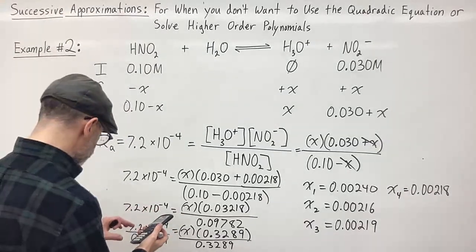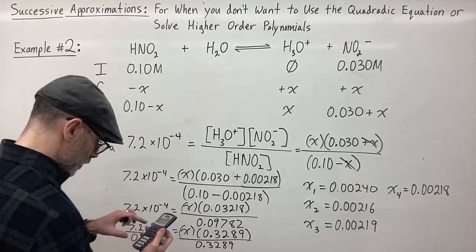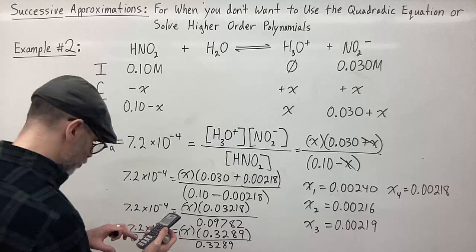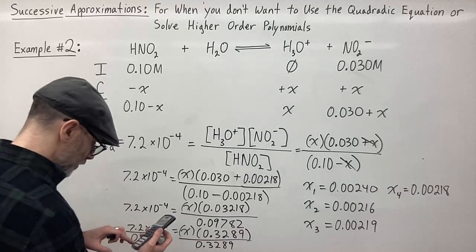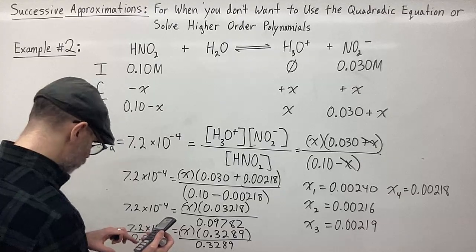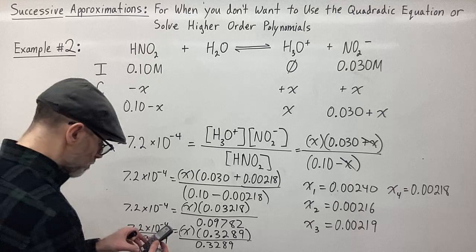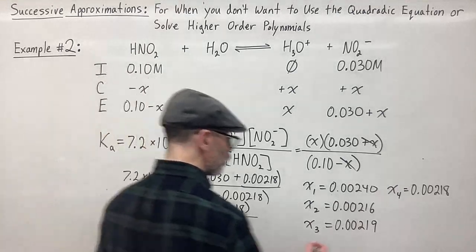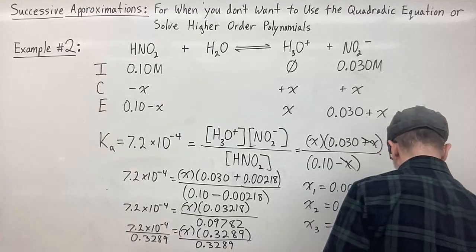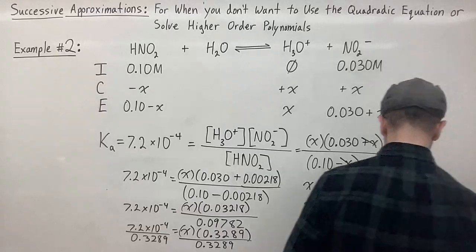Okay, so 7.2 times 10 to the negative 4 divided by 0.3289 equals, and for x5, I get 0.00218.